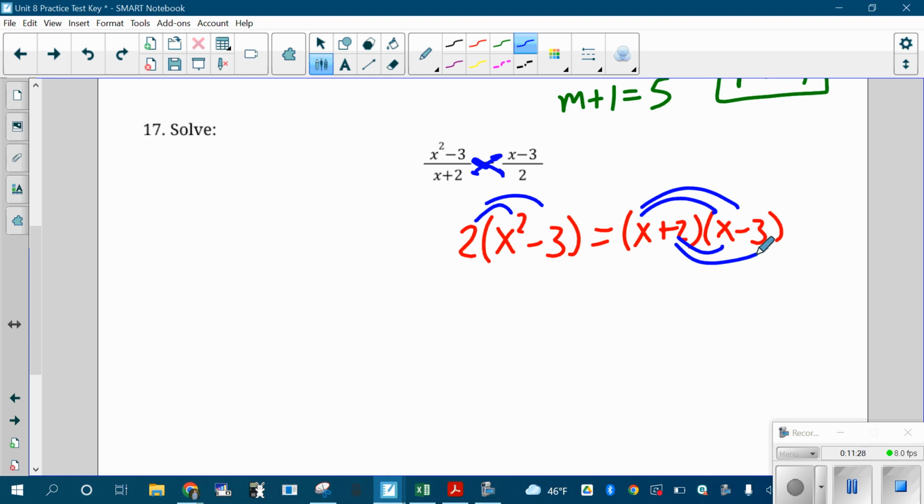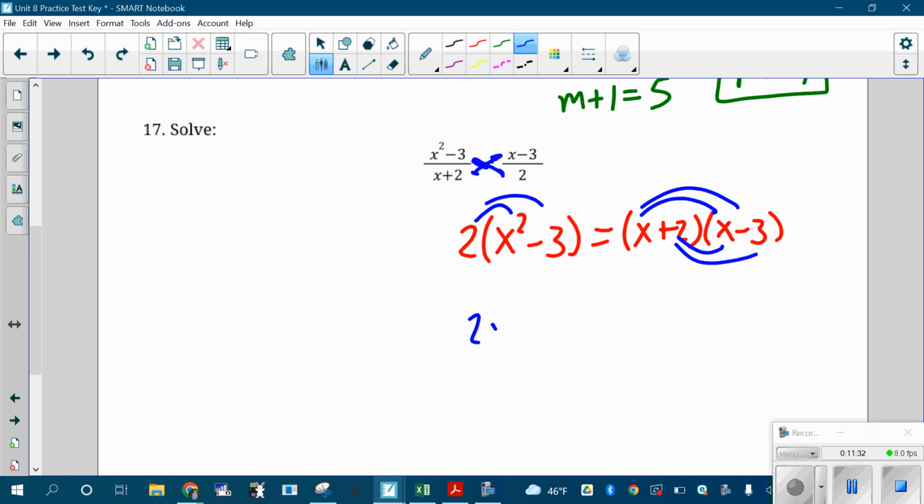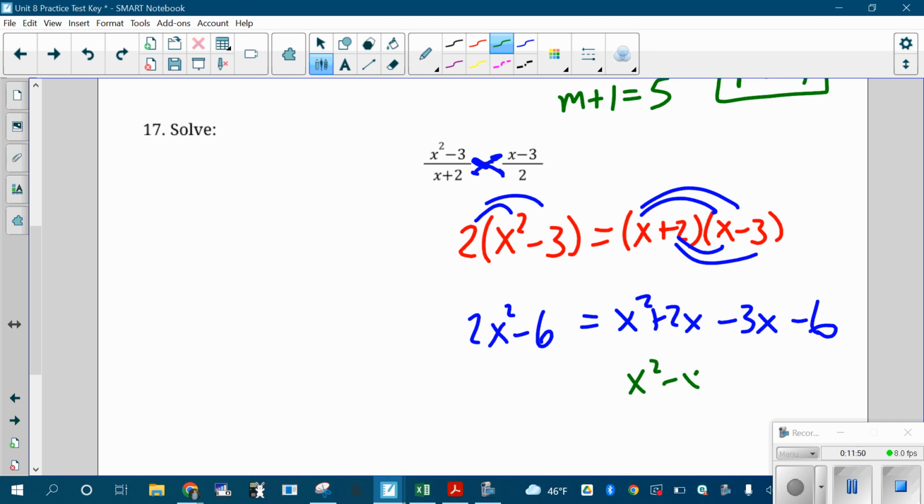Okay, so when I FOIL out the left side, I get 2x squared minus 6. When I do the right side, I get x squared plus 2x minus 3x minus 6. I'm going to combine like terms on the right side. I'm going to get x squared minus x minus 6 equals 2x squared minus 6.